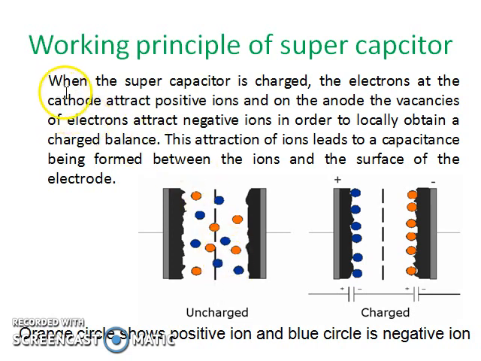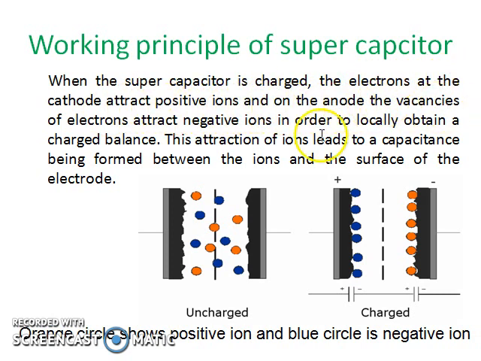So this will be the uncharged condition. When the supercapacitor is charged, the electrons at the cathode attract the positive ion. So this will be your anode, this will be your cathode. So here the electrons at the cathode attract the positive ion.